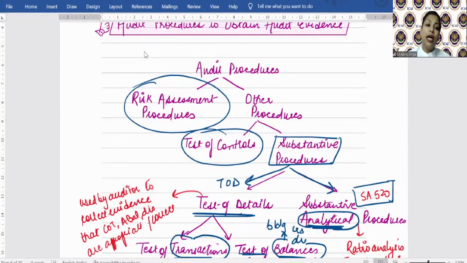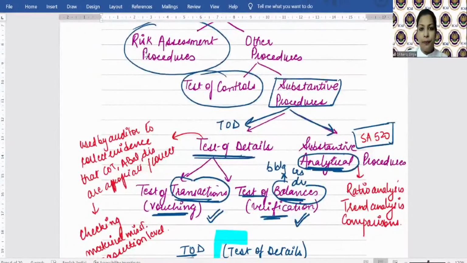See students, apart from checking the transactions, the account balances, like apart from performing audit procedure at the assertion level in detail, auditor may also calculate certain ratios. He may perform certain ratio analysis, certain trend analysis, or certain comparisons.